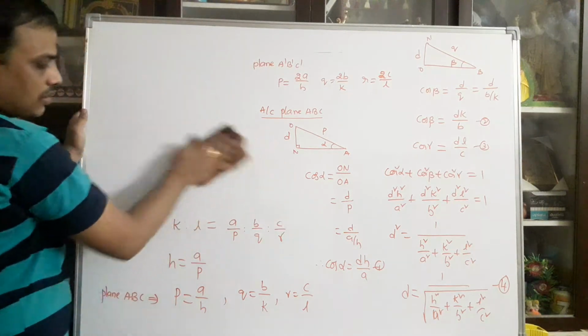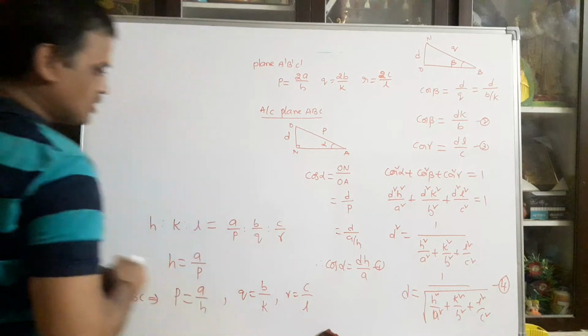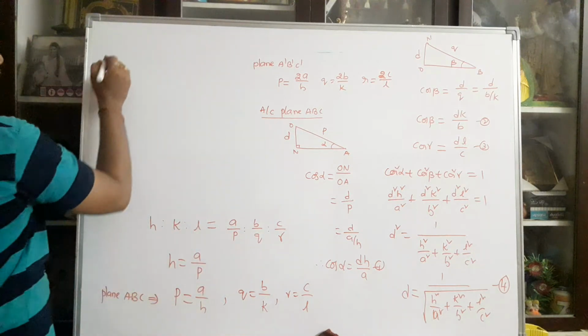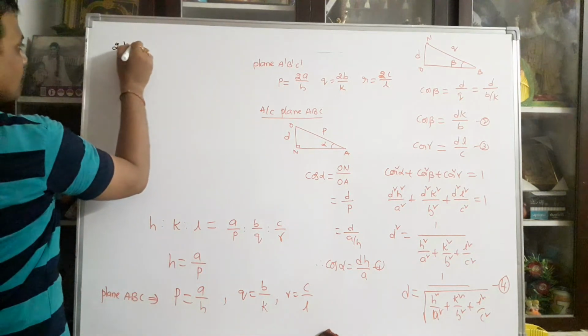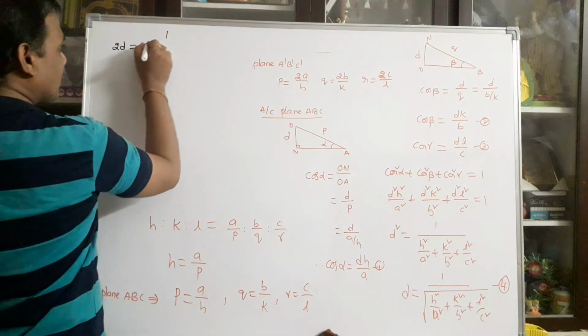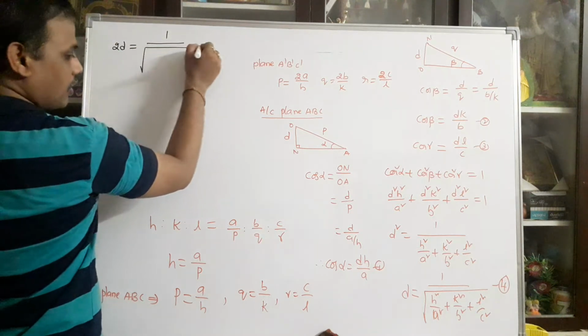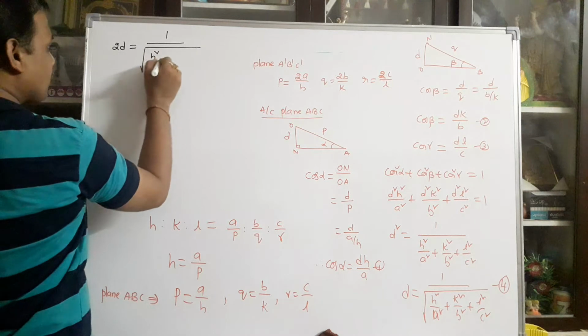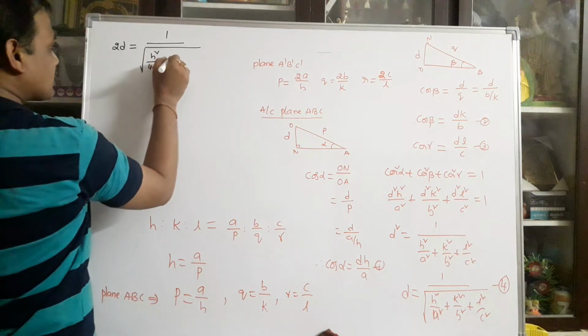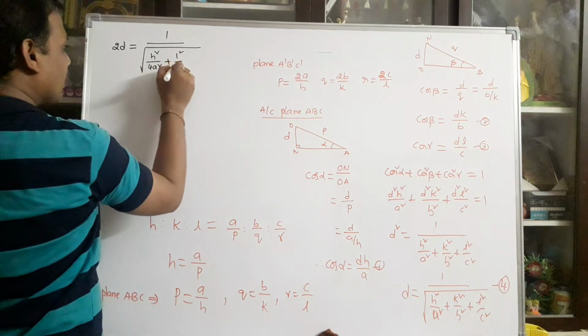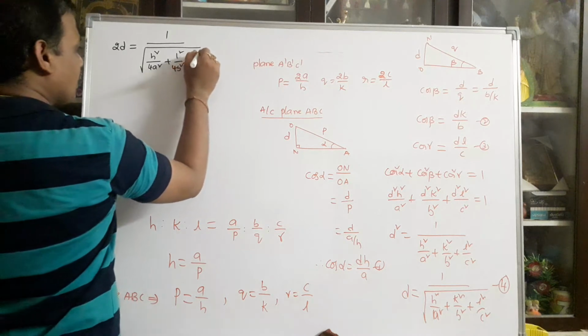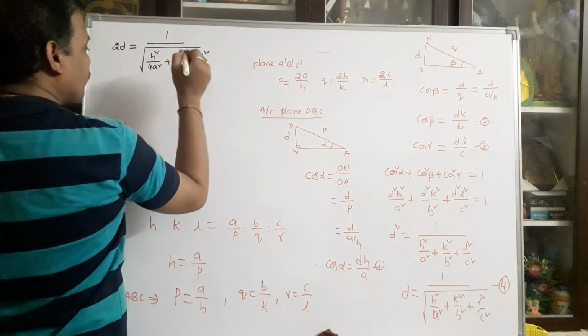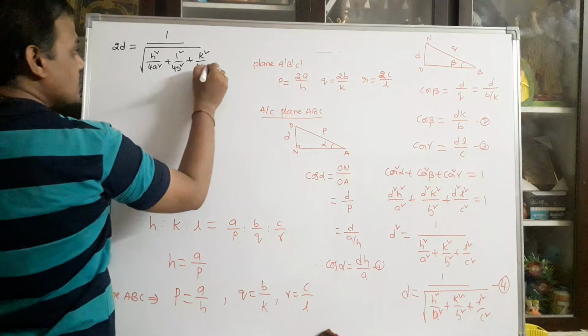You get the final result 2d is equal to 1 by square root of h square by 4a square plus k square by 4b square plus l square by 4c square.